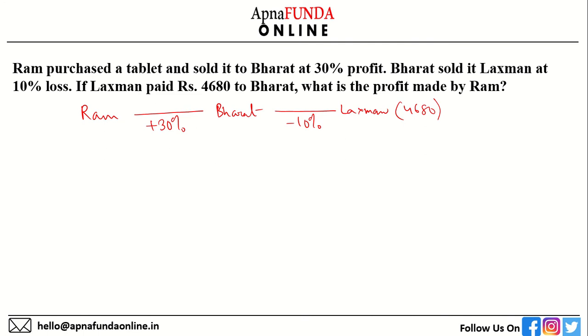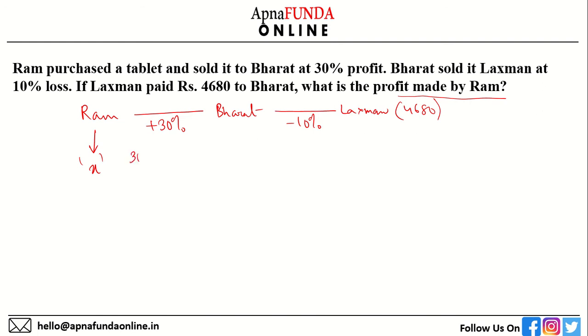Now we can solve this question by doing the back calculation. However, since we need to find the profit made by Ram, what I would suggest is to start solving from the start itself. What I mean is, let us assume that Ram purchased the tablet at X, correct? Now he sold it at 30% profit.